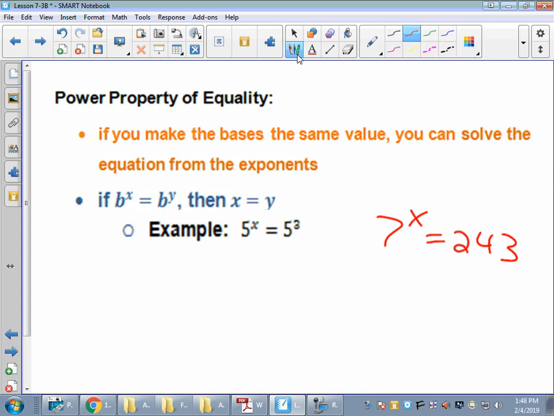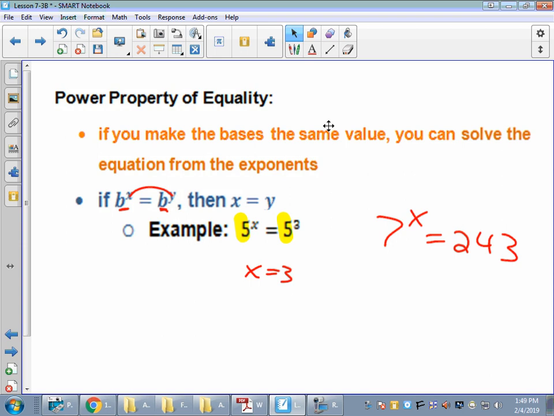Because the bases are the same, in this case 5 and 5, then we can solve the exponents. The exponents have to be equal. So x here and 3 would have to be equal, and so we could easily solve that x equals 3. That's pretty simple. Okay, they do get a little more difficult than that, but that's a really easy example.